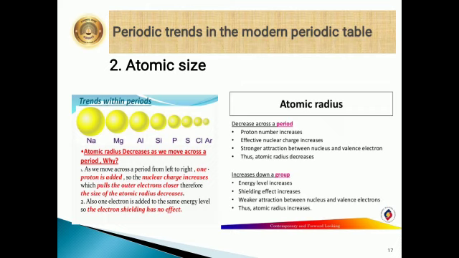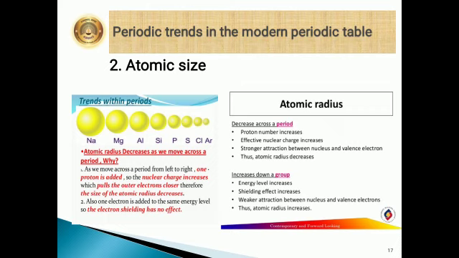Atomic radius is expressed in the unit picometer, pm, which is smaller than nanometer. If we see in the periodic table, the atomic radius goes on decreasing while going from left to right within a period. While going from left to right within a period, the atomic number increases by 1, means the positive charge on the nucleus increases by 1 unit at a time.